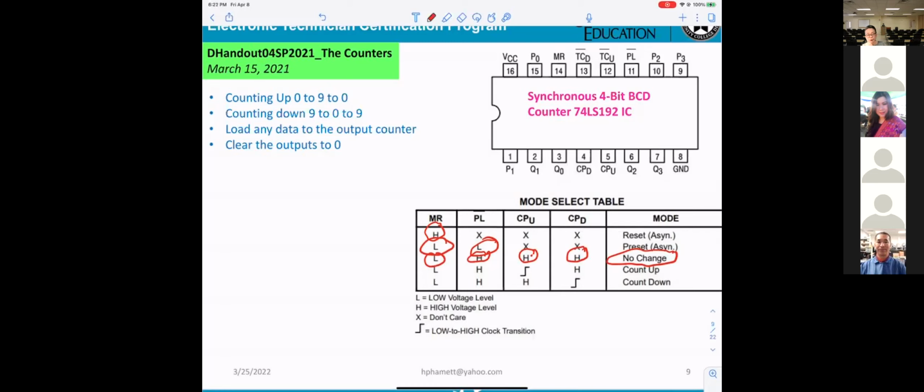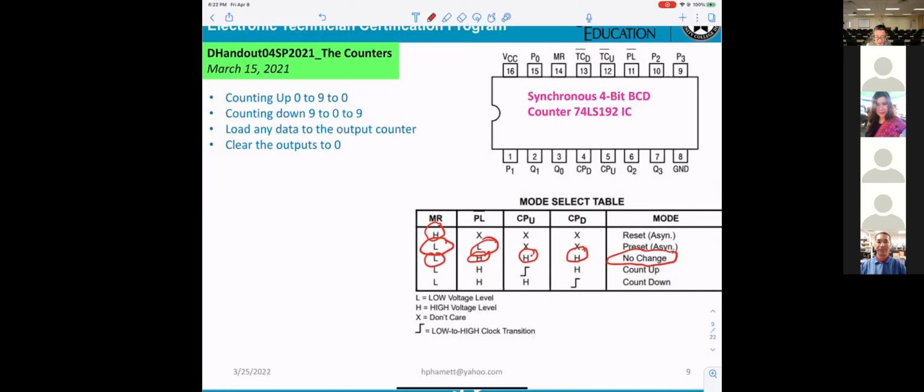And sometimes when you're reading a different data book, they put Q0, QA0, QB0, QC0, QD0. Same thing. That is no change at the output.